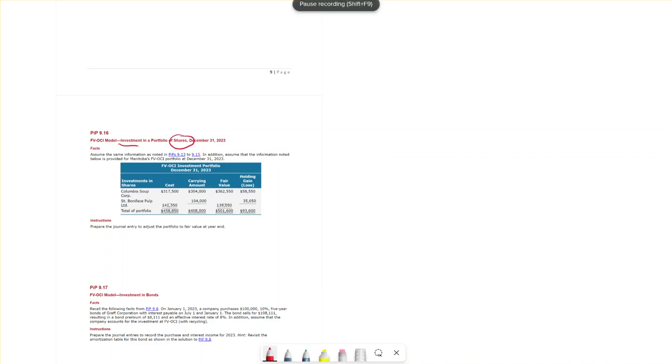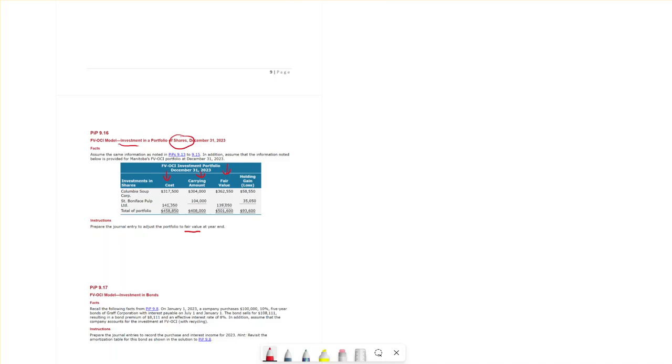The only difference here is that you have to record the adjusting entry at the end, but some of the questions are exactly the same as what we did. The only thing you need to worry about is remembering to put it into your accumulated other comprehensive income. Now this one was the cost, this is the carrying value, this is the fair value.